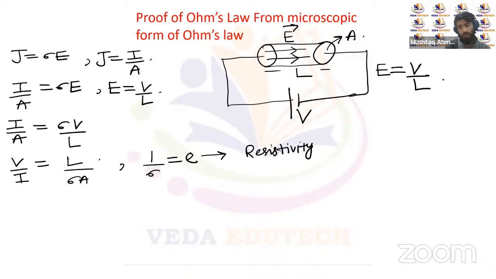Rho is the resistivity of a conductor, right?